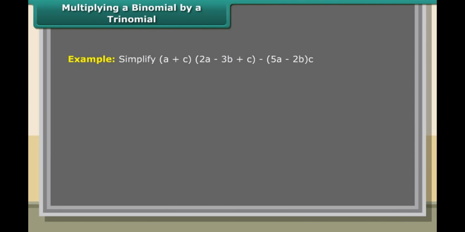Example, simplify (a plus c) into (2a minus 3b plus c) plus (5a minus 2b) into c.